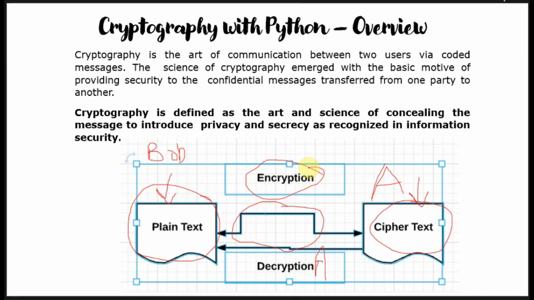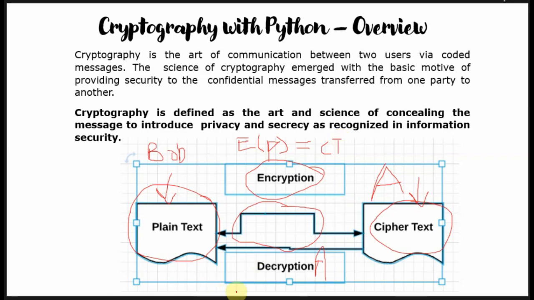The function that enables you to get the plain text encoded is the encryption function, so you're going to have E, and then P in brackets. This is how we represent a function. So E of P is going to be equal to some ciphertext CT. That's how the process is going to be.